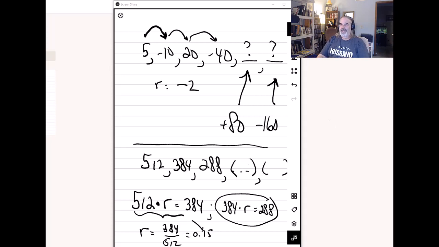So 288 times 0.75 is 216. And then 216 times 0.75 is 162. So we've recognized what the ratio is, and we've extended the sequence by two more terms.